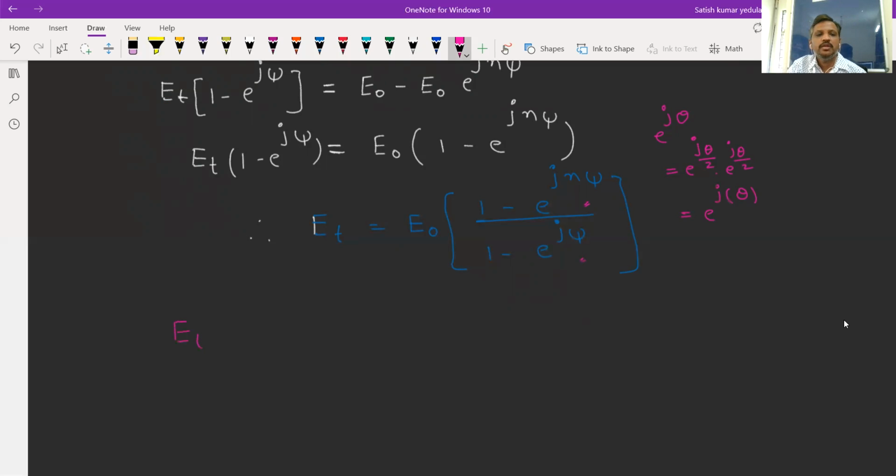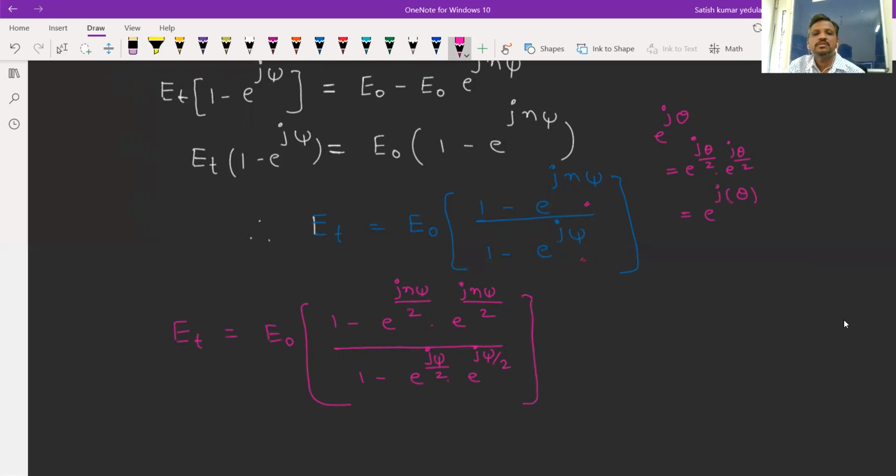Then Et will be equal to E naught into 1 minus e power j n psi by 2 into e power j n psi by 2, by 1 minus e power j psi by 2 into e power j psi by 2.